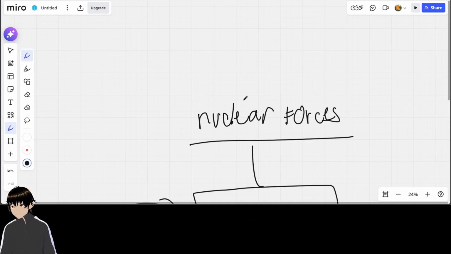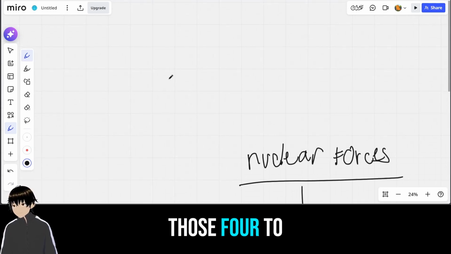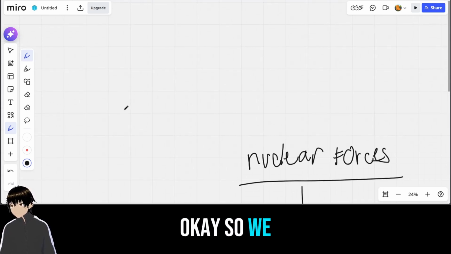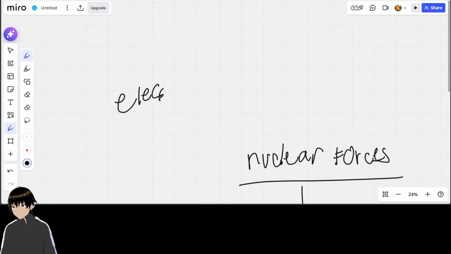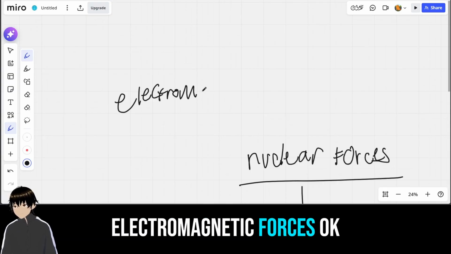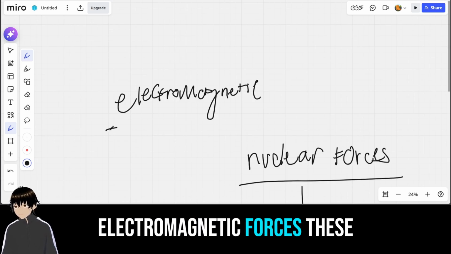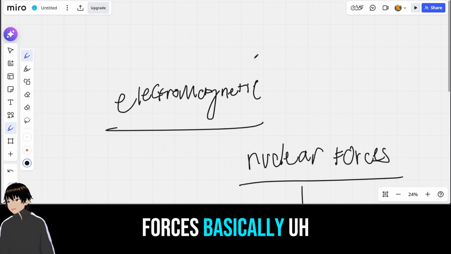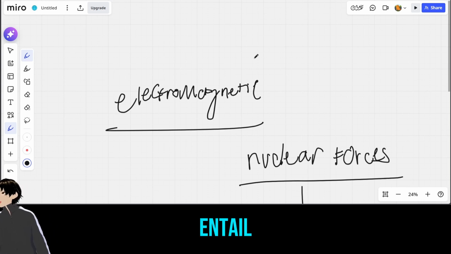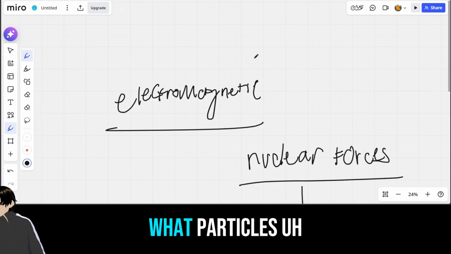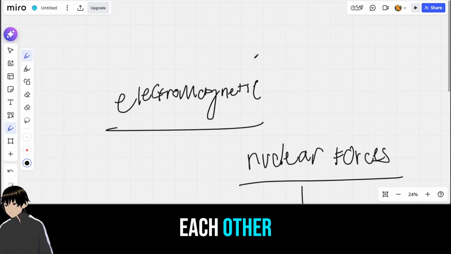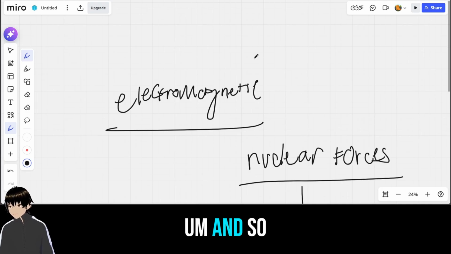Okay, so what are those four to list? We have electromagnetism, electromagnetic forces. These forces basically entail what particles attract and repel each other, and so much more.